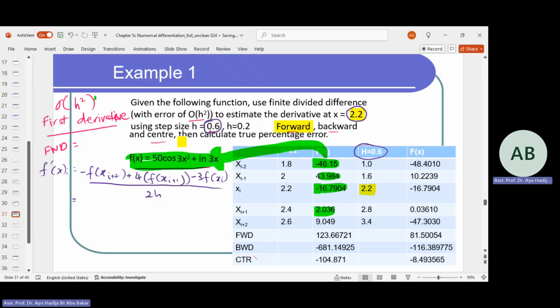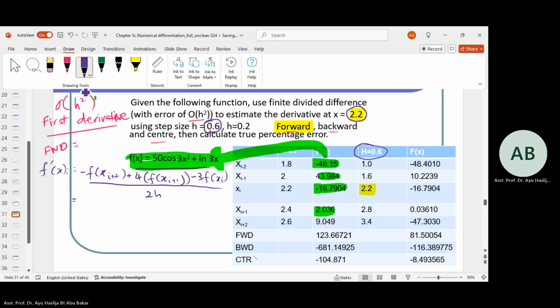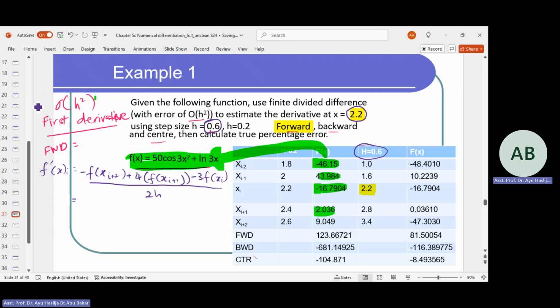Now, fxi plus 2, what value? The fx. Negative 47. Yes, negative 47. This is your xi plus 2. So this is your fx.